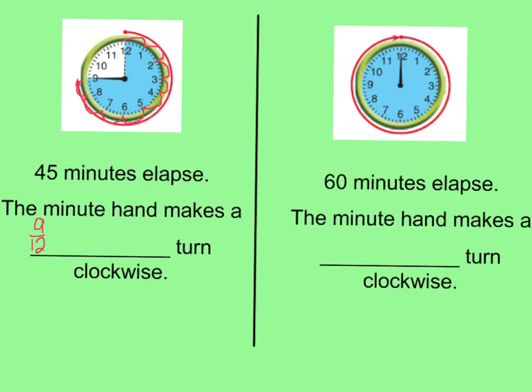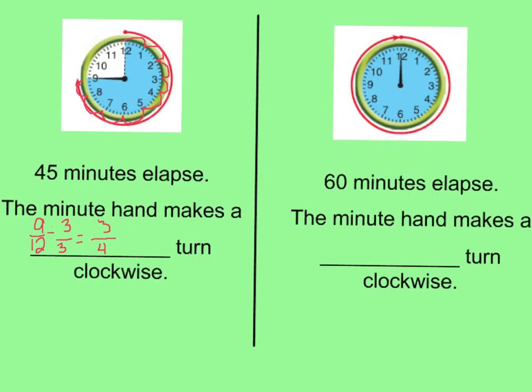I can simplify 9/12 by dividing it by the greatest common factor, which is 3. So 9 divided by 3 and 12 divided by 3 would equal 3/4. So the hands of the clock made a 3/4 turn clockwise.